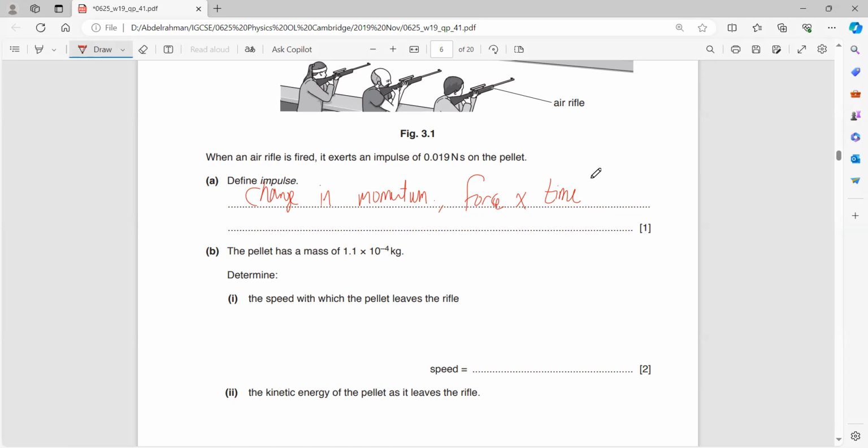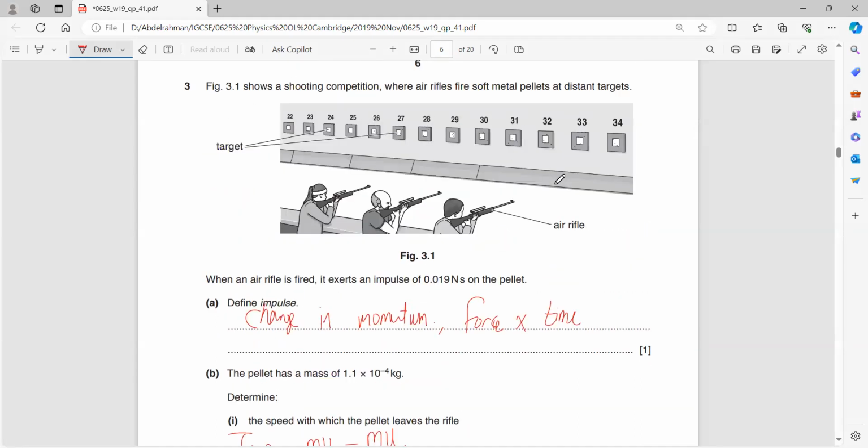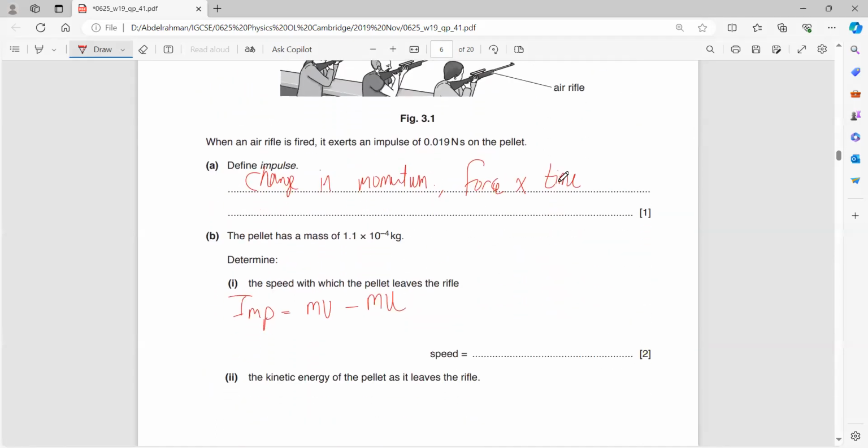We got into impulse and momentum, and said impulse equals force times time, and impulse equals change in momentum. So impulse equals change in momentum, meaning mv minus mu. We need to remember these things, please. u is zero because initially it was at rest.